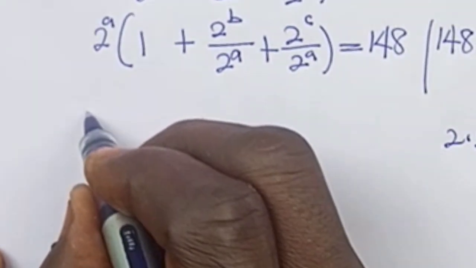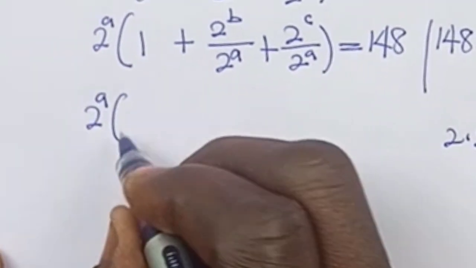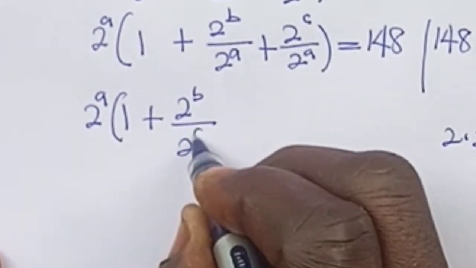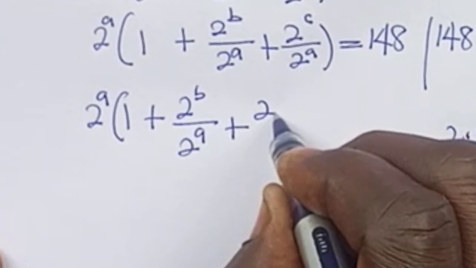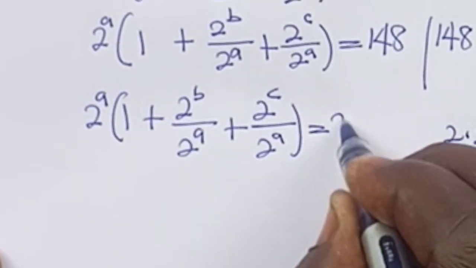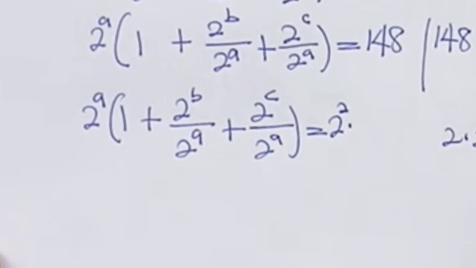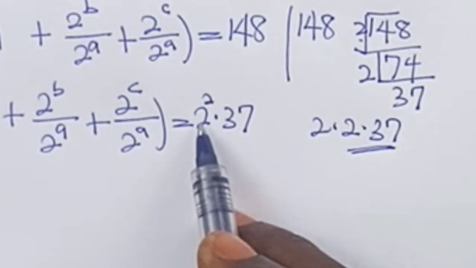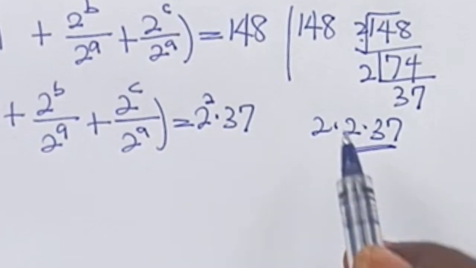So our next line becomes 2 to the power of a, open bracket, 1 plus 2 to the power of b over 2 to the power of a plus 2 to the power of c over 2 to the power of a, equals 2 to the power of 2 times 37. 2 to the power of 2 is the same thing as 2 times 2.